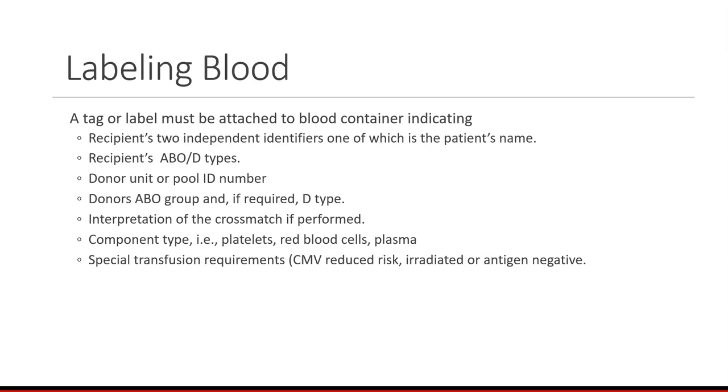The component type, whether it's platelets, red cells, plasma, and any special transfusion requirements for this particular patient. They may require CMV negative or reduced risk, irradiated, or if you have an unexpected antibody, that proof documentation that this is antigen negative.